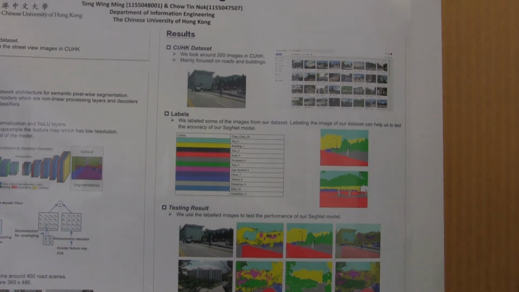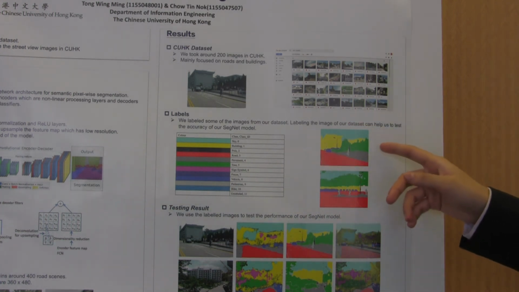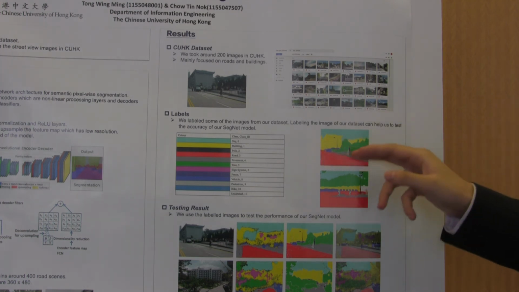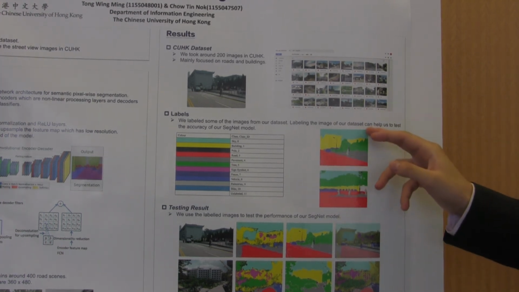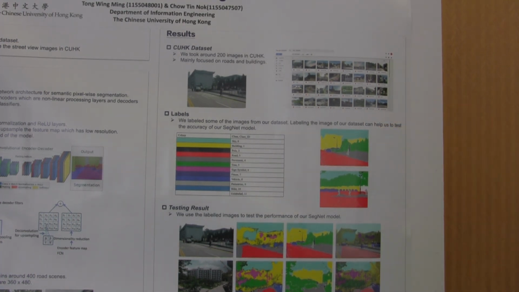This label is used to recognize useless information and ignore it. Therefore, these labels we will not count into the accuracy. And here are some examples of the labels we have labeled. We can see the road here, the sky here, and buildings here. And these two image examples are labeled by us manually.